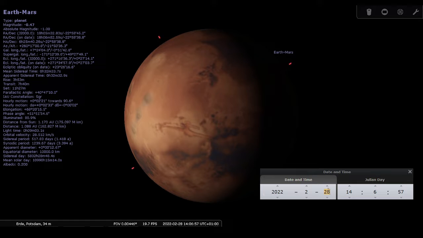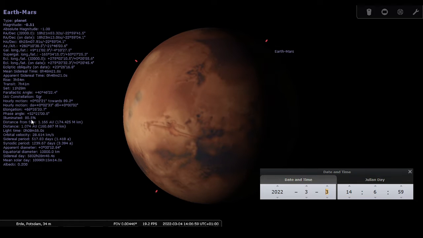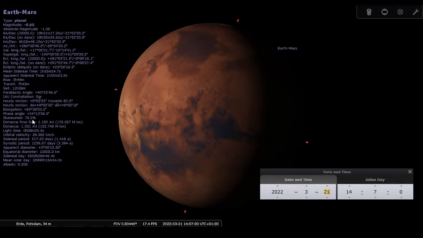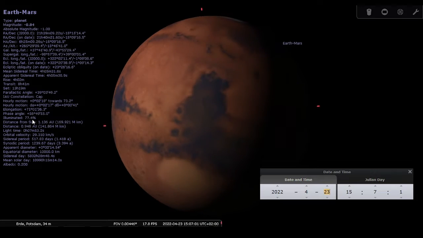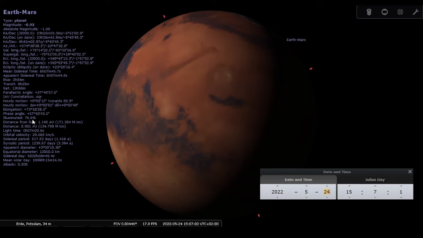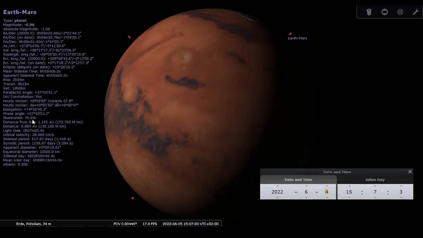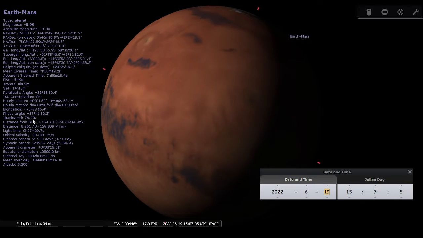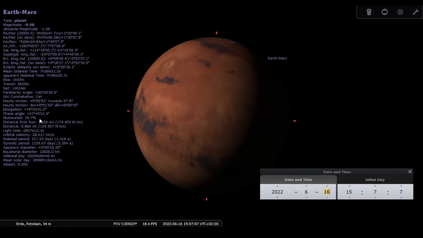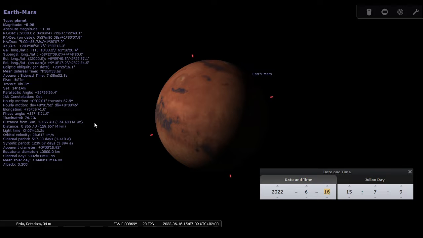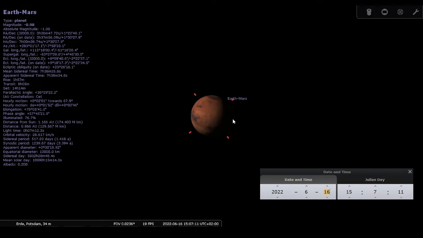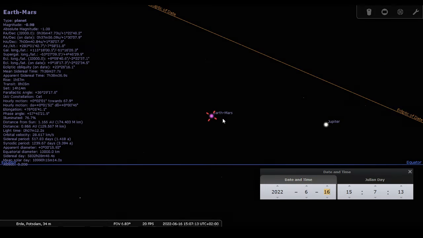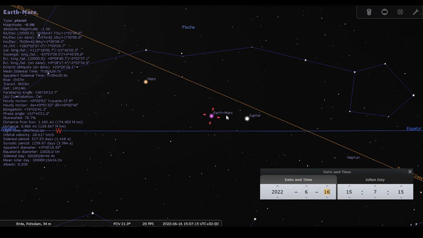For example, you're looking here, the illumination is about 80% decreasing, 77%. It's a rather low possible value for an outer planet, because this planet is orbiting around the Sun outside of the Earth orbit, Earth-Mars.